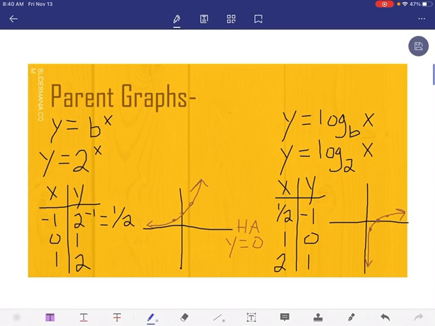Also notice that instead of not being able to get out 0, this time that's switched to we're not able to plug in 0. So that means that we have a vertical asymptote at x equals 0. Because remember, all of our x's and our y's have changed, which includes that vertical asymptote.